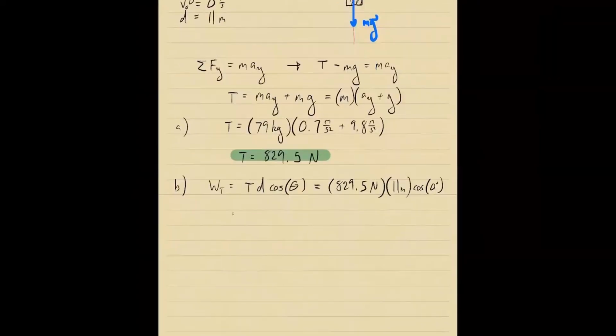So plugging all this in, the work done by the tension force is simply equal to 9,124.5 joules. So that's part B.